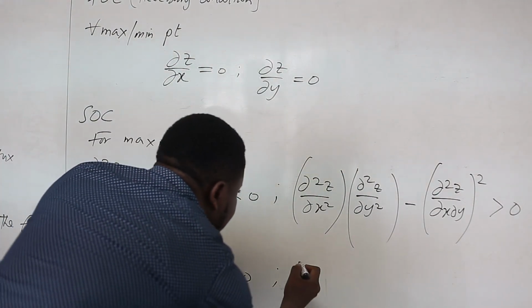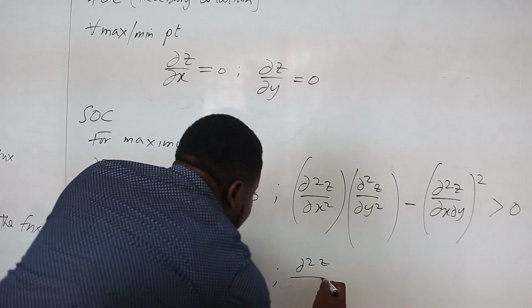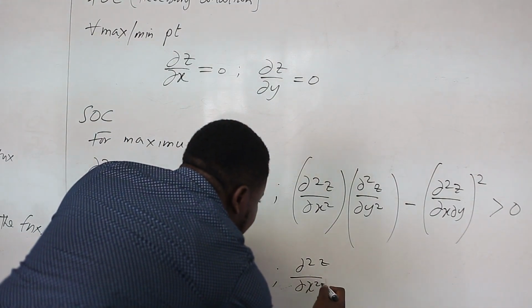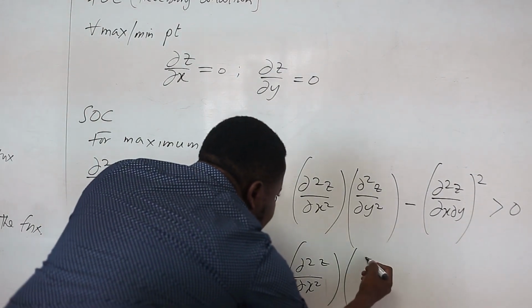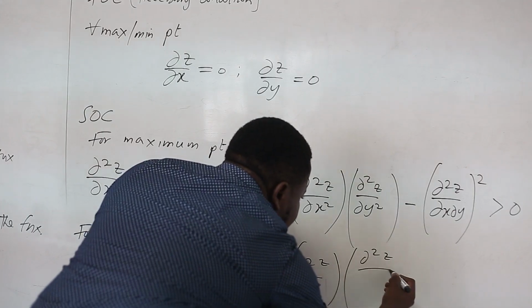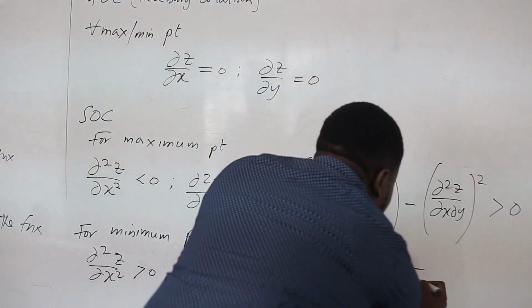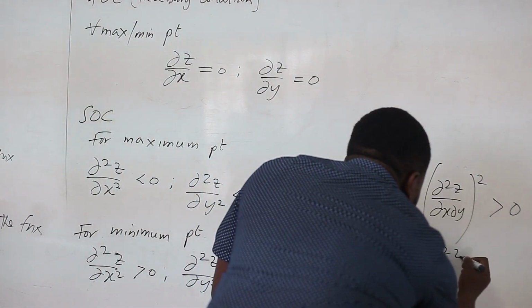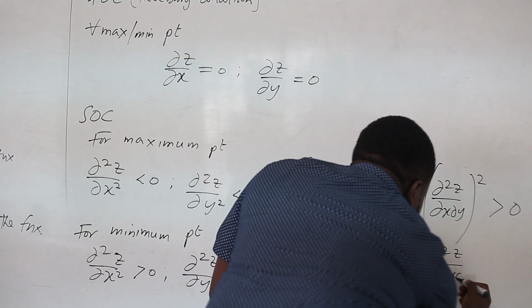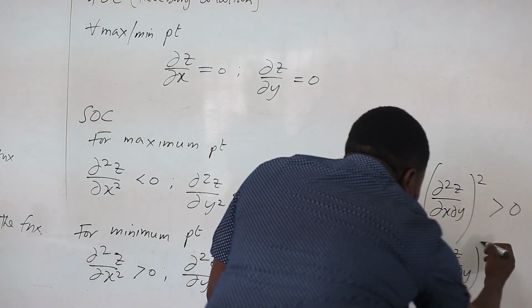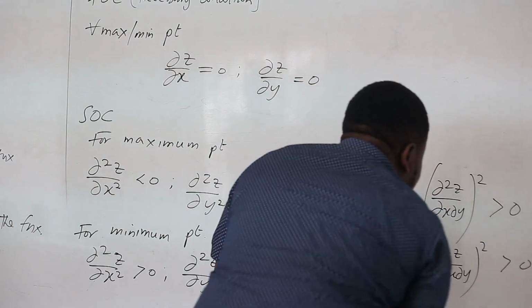And then the d²z/dx² times the d²z/dy² minus the d²z/dxdy, all squared, should be greater than 0.